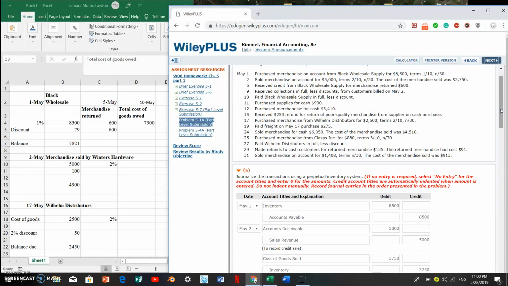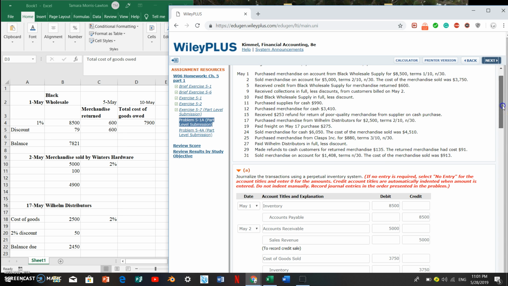On May 27th, they paid Wilhelm Distributors in full, less discount. So remember that on May 17th, they purchased merchandise from Wilhelm Distributors for $2,500. They did not return any of those goods, so we are only going to deduct the 2% discount. The 2% discount is $50.